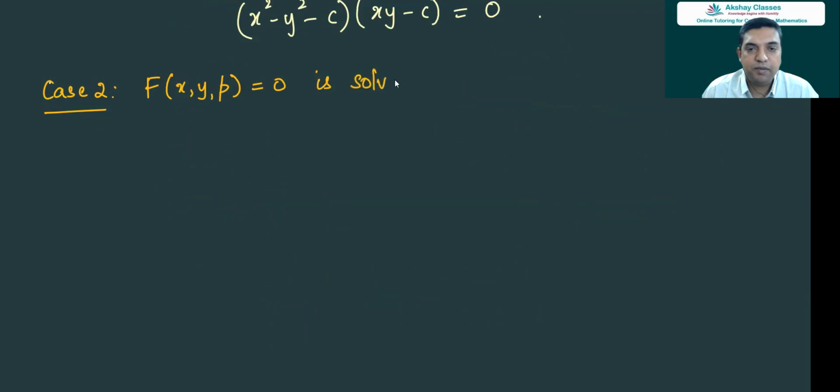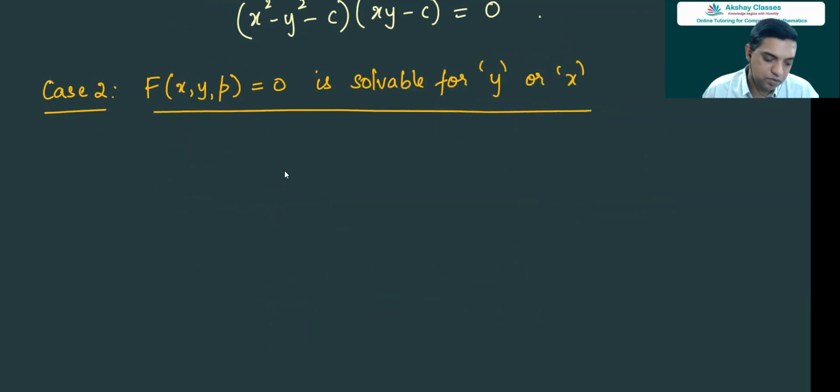It's solvable for y or x. So let us take solvable for y, and solvable for x is the same.